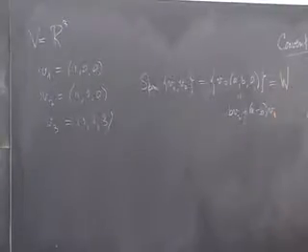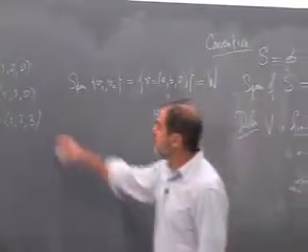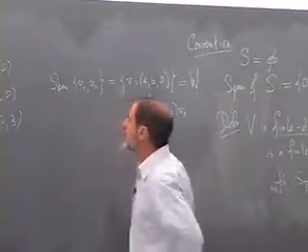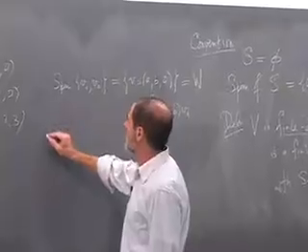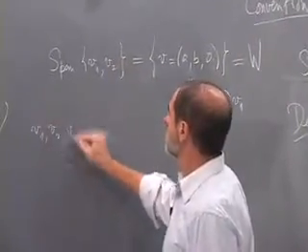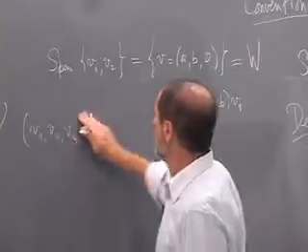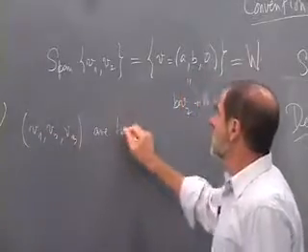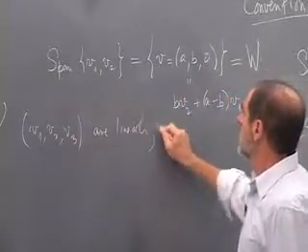And I also claim that V1, V2, and V3 are linearly independent.